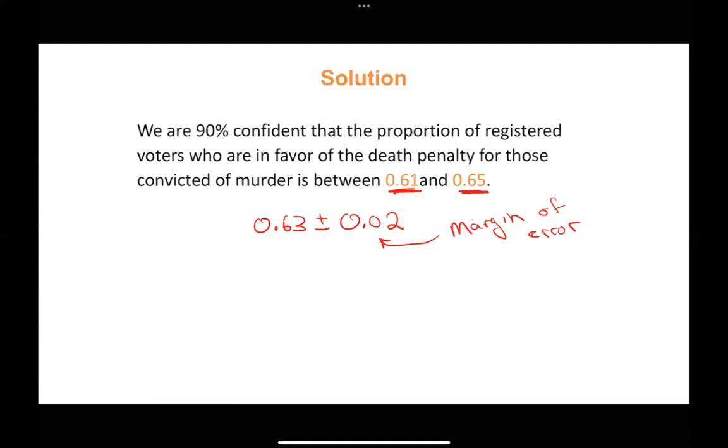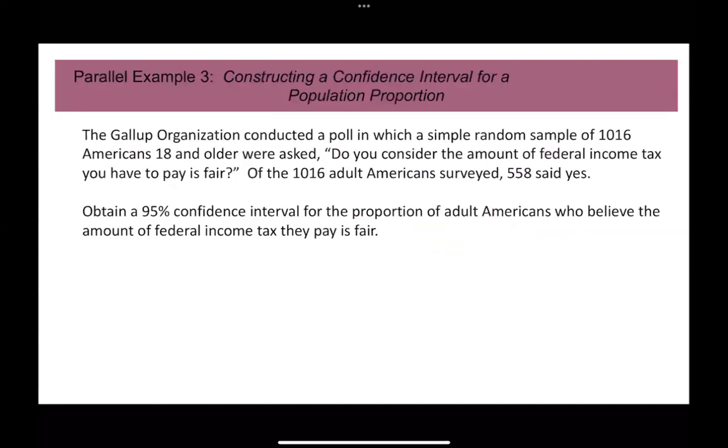All righty, let's do one where we actually do the math. So the Gallup organization conducted a poll, which is a simple random sample of 1,016 Americans 18 and older who were asked, do you consider the amount of federal income tax you have to pay is fair? Of the 1,016 adult Americans surveyed, 558 said yes.